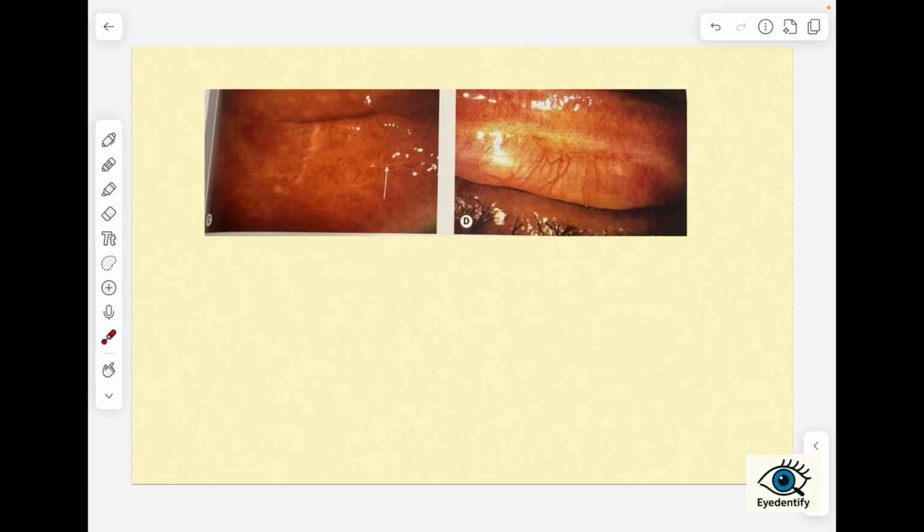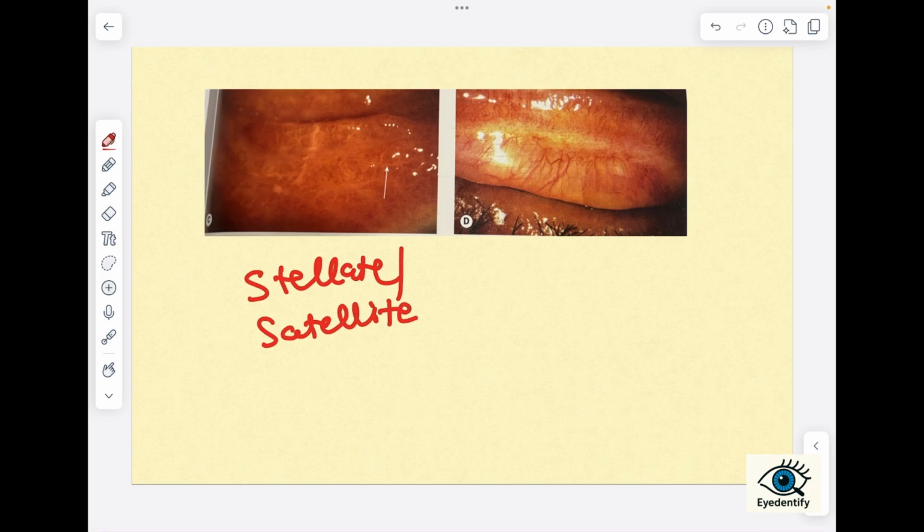In the second image, what you are seeing here is one line going and some branches going from here like this, whitish arrows. This is the scarring, the stellate or satellite scarring, which is also seen in trachoma. And here we are seeing one straight thick line.